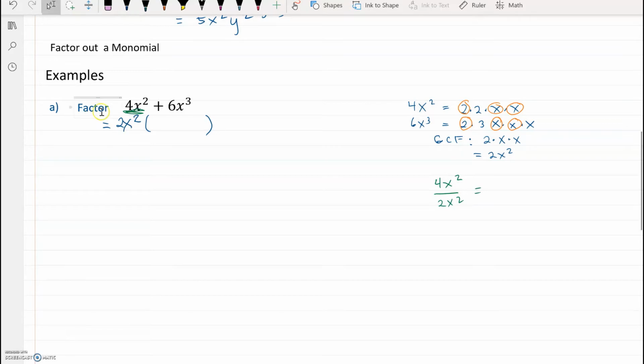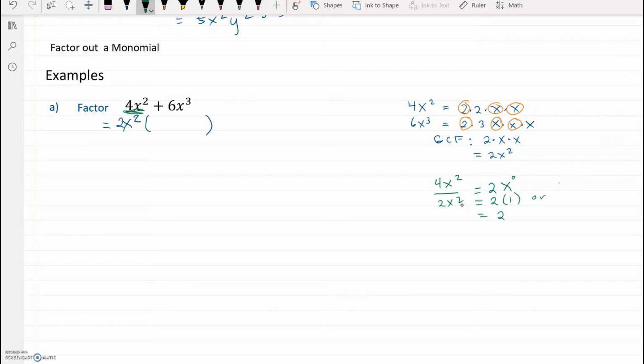So we divide the numbers. What's 4 divided by 2? That is 2. And then x squared and x squared, you have the same thing. It's like subtracting the powers. You're going to have 2 minus 2 is 0. You will get x to the 0, but x to the 0 is 1. So this turns to 2 times 1. So we'll get 2.